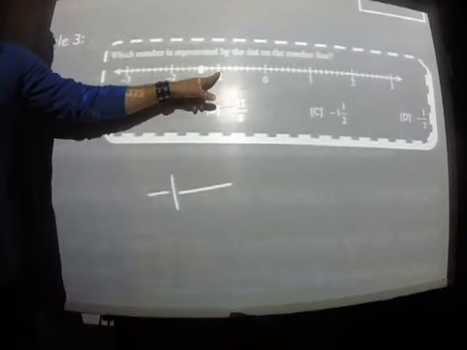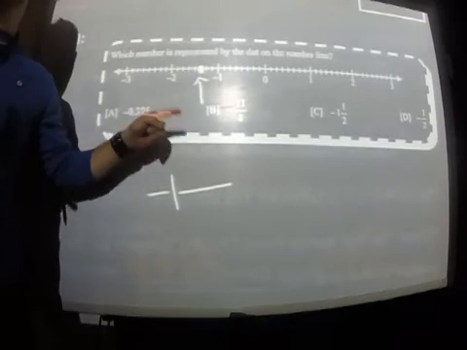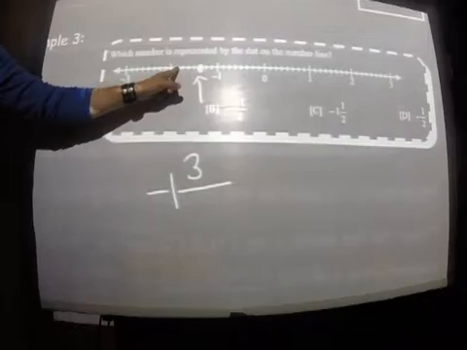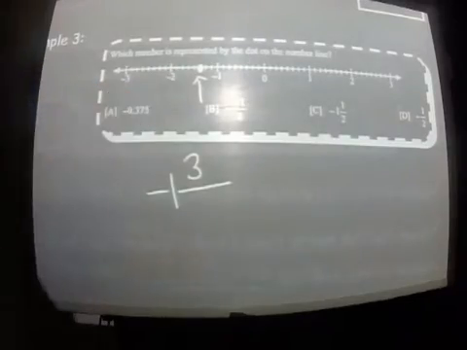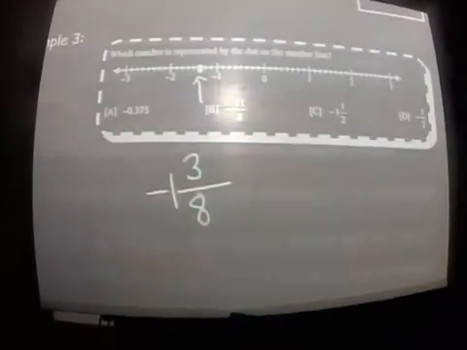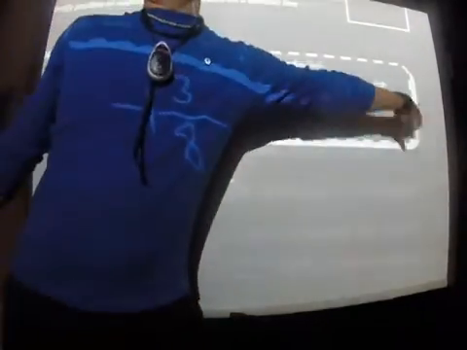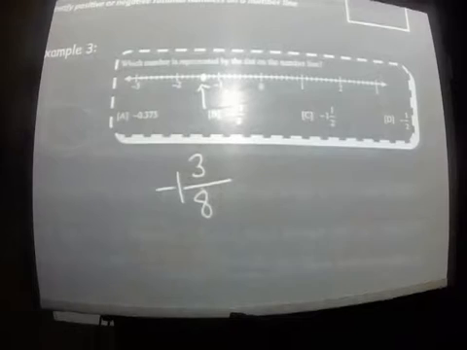So then you go, how many tick marks to the dot? 3. So it's negative 1 and 3 over 1, 2, 3, 4, 5, 6, 7, 8. Negative 1 and 3 eighths. Now, you probably don't have that as an option here. So what are we going to do? Change it to the improper fraction.